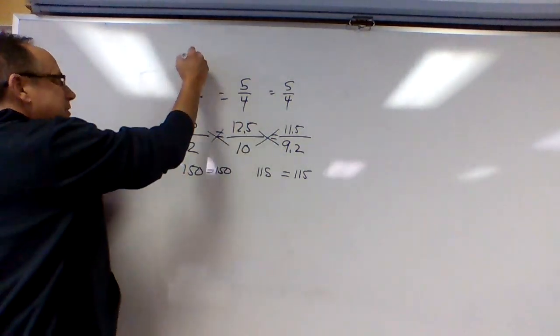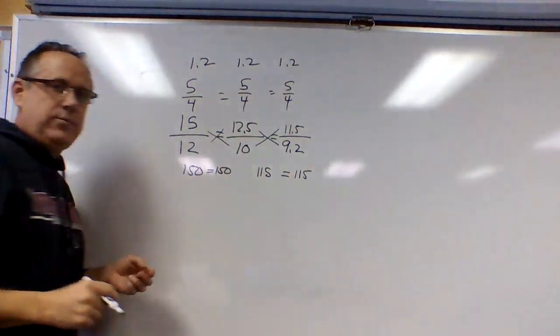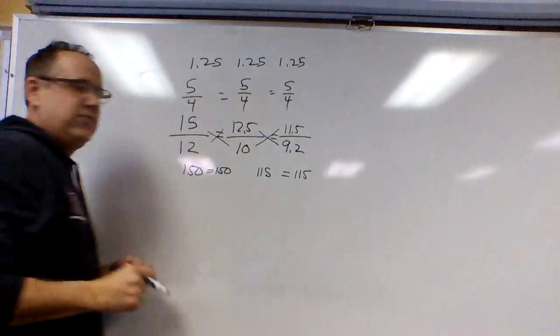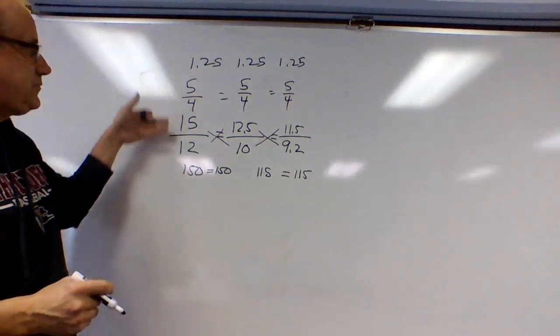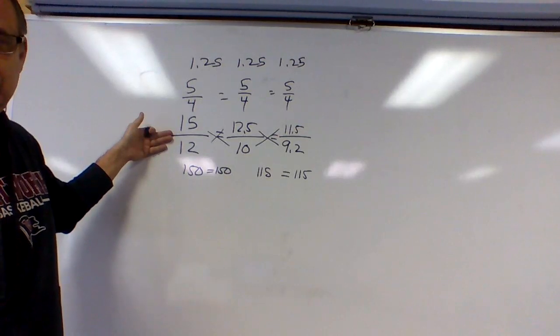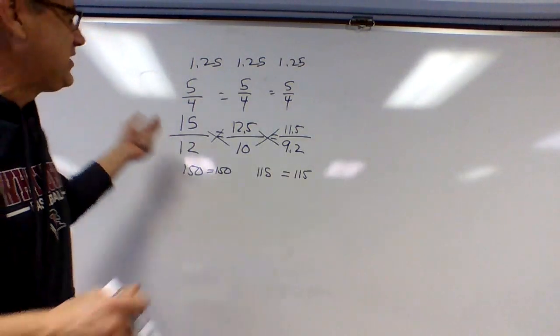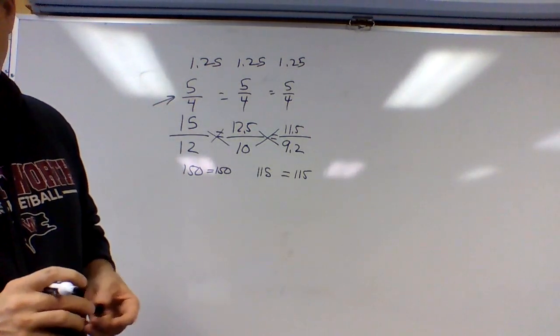We would also come up with a decimal. That would be 1.25 on those three ratios there, okay? So now we also have the scale factor. So this would be the scale factor of 5 to 4, all right?